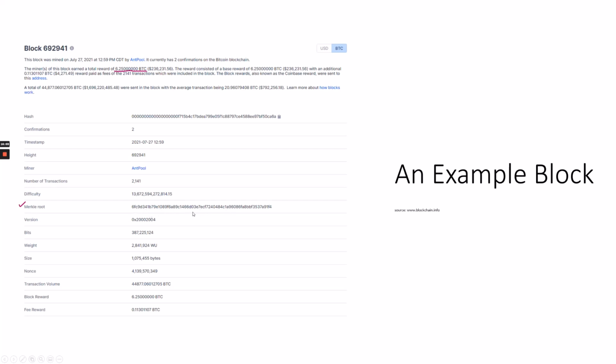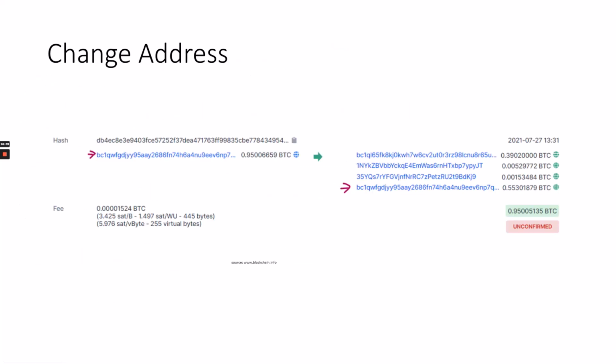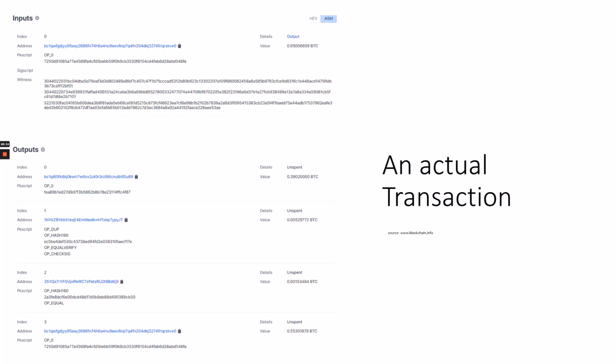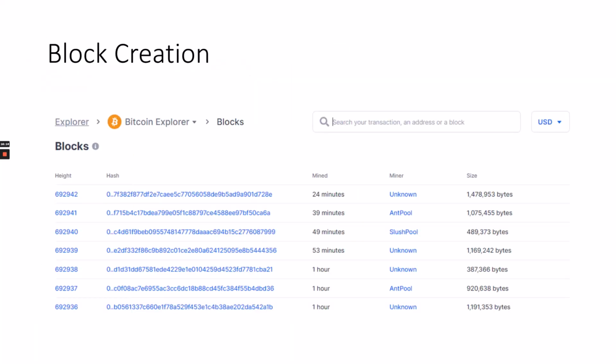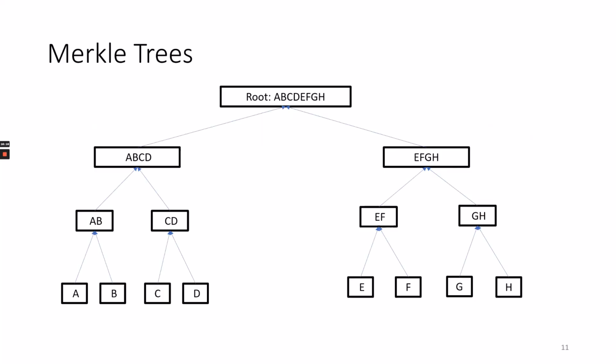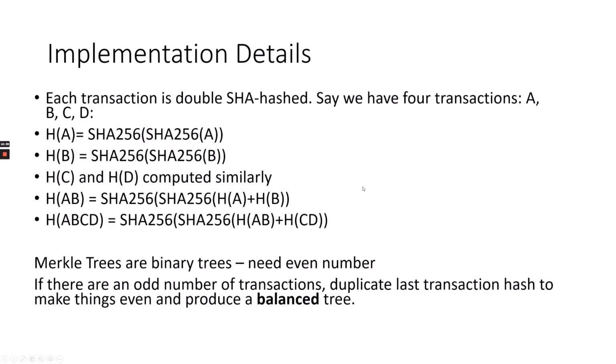This root is a way to summarize all of the transactions in that block. You can see how this is super efficient. You can simply take a look at that root and use that as a summary. If you have two different roots which are exactly the same, then you can immediately say that the transactions represented by them are likely the same, that we're dealing with the same set of transactions.